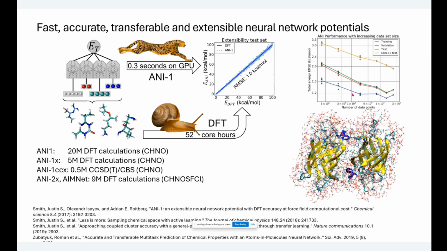Since I'm here, just a quick note on the difference between at least the ANI models. I will talk about AIMNet a little bit. ANI 1 and ANI 1X, which is implemented in IMS, are suitable for neutral CHNO organic molecules. ANI 2X extends the elements to CHNO, sulfur, fluorine, and chlorine, 7 elements.